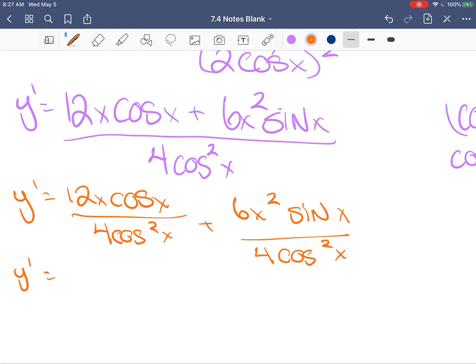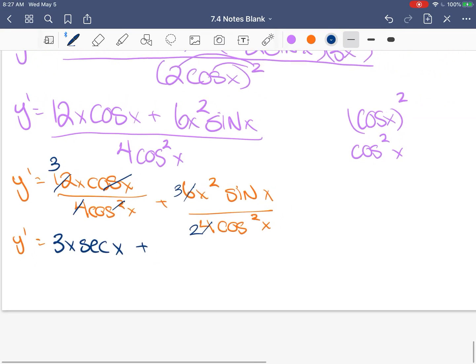All right, so to simplify, 12 divided by 4 is 3, cos divided by cos squared is 1 cos in the denominator. If you remember, cosine in the denominator, that is the same as secant. 3x secant x plus 6 over 4, that's going to reduce to be 3 over 2.